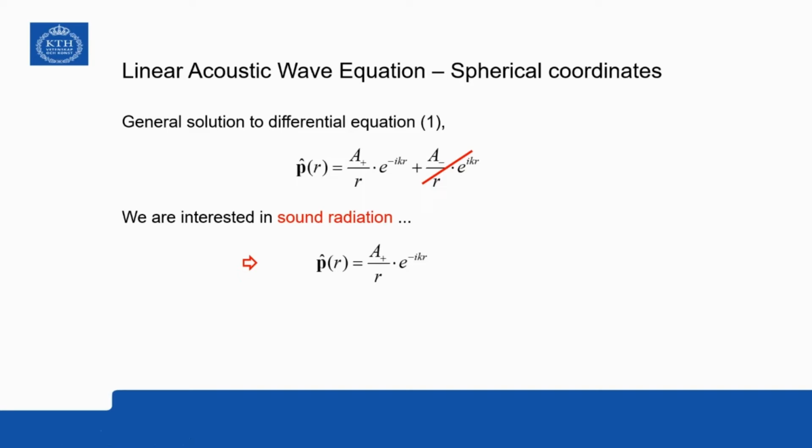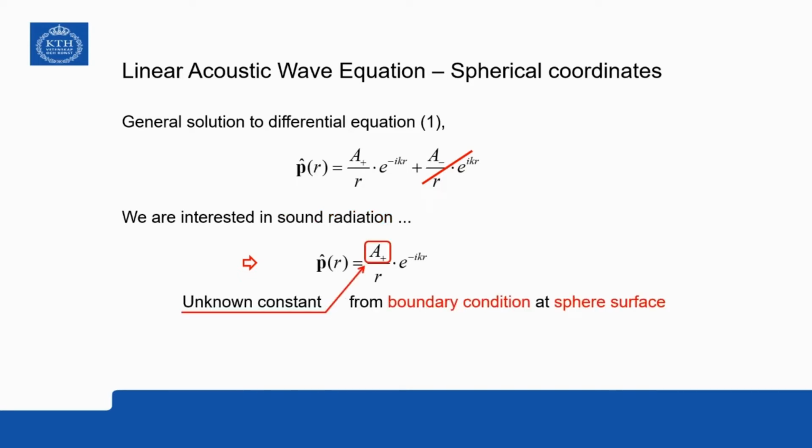So what remains now is to determine this A plus coefficient, this unknown coefficient, and that we can do from the boundary conditions at the sphere surface. Because the sphere boundary velocity must somehow be coupled to the particle velocity of the air or the medium just outside the sphere.